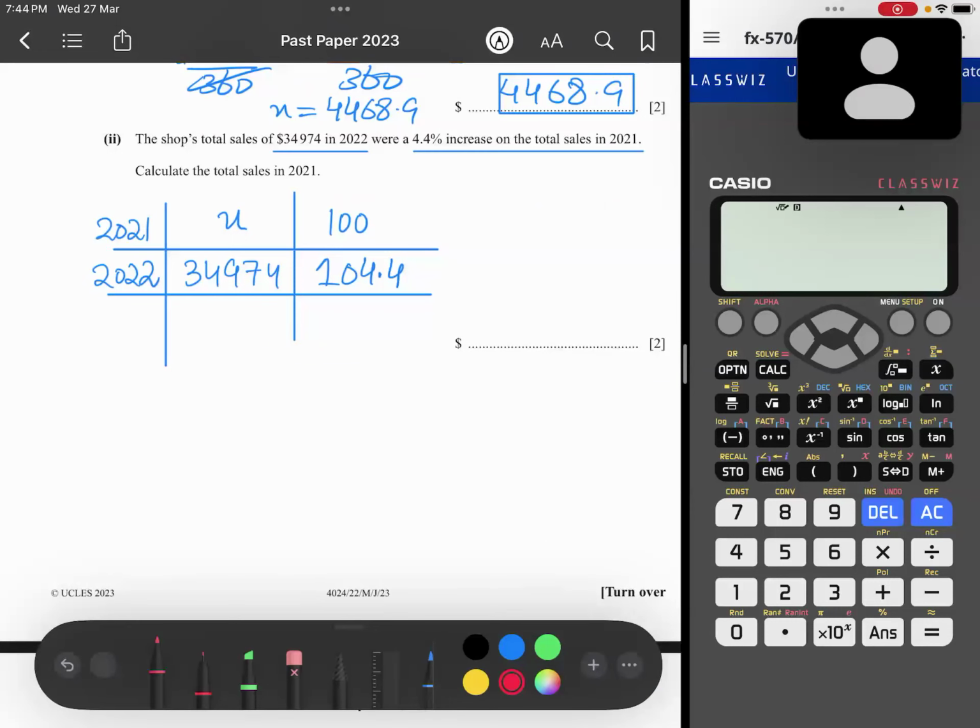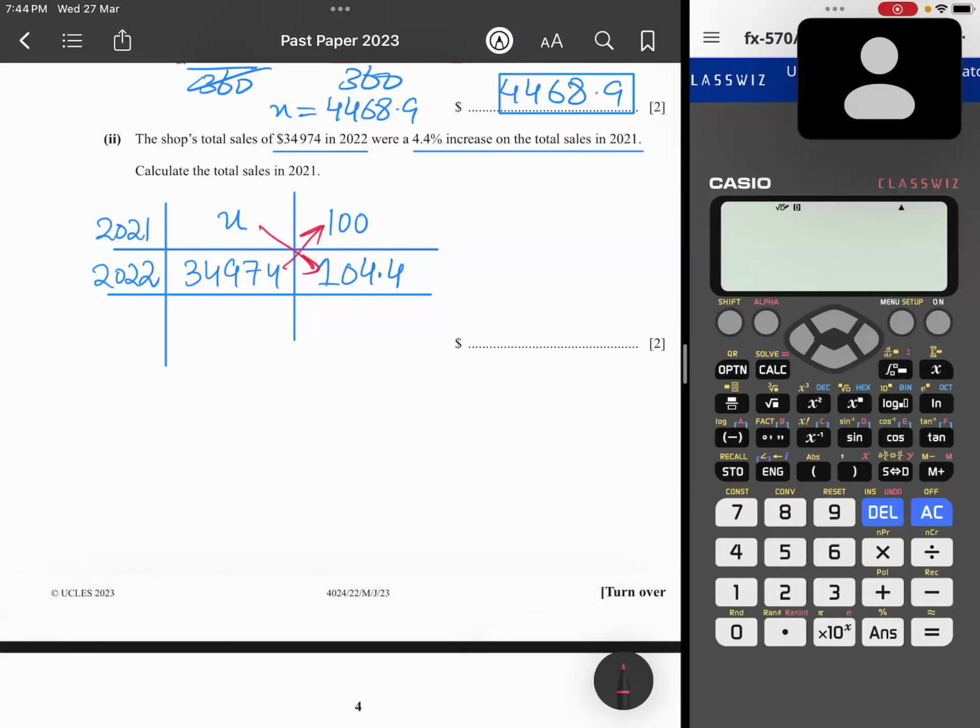So just simply cross multiply. Look, it's all about cross multiplication. You can see in every question we are doing cross multiplication.